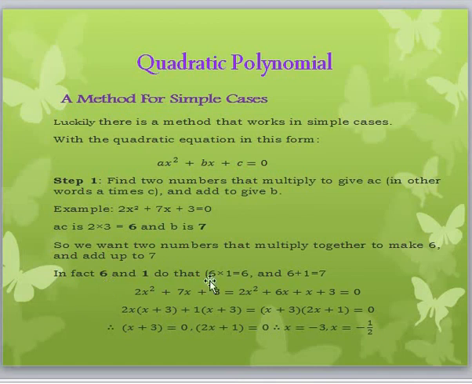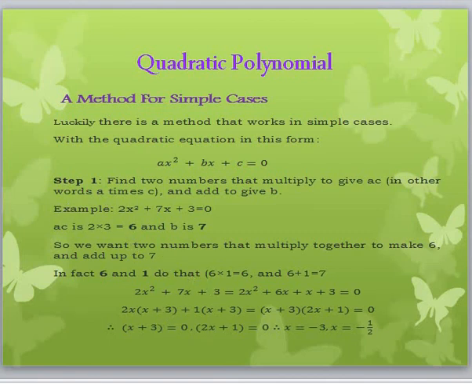In fact, the factorizations of 6 are 2 into 3 and 6 into 1. For 2 and 3, the product is 6 but the sum is 5, not 7. So this is not the case.